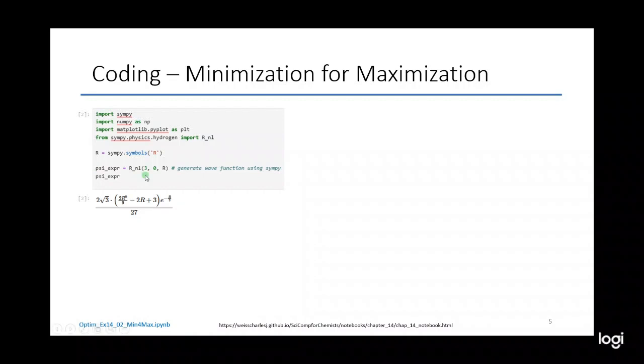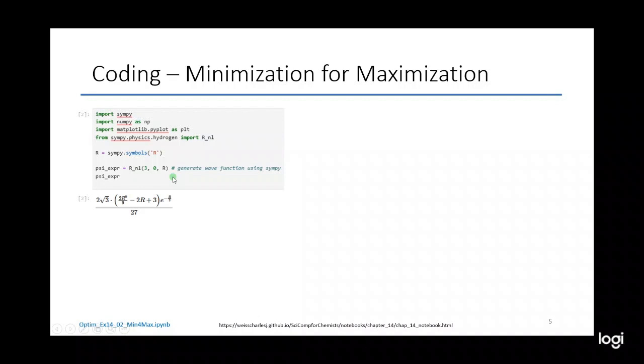The R_NL function, this is a built-in function for hydrogen, takes three main inputs: n, the principal quantum number, an integer that takes values like 1, 2, 3, 4, and so on; L, the angular momentum quantum number, an integer that can range from 0 up to n-1; R, the radial coordinates.